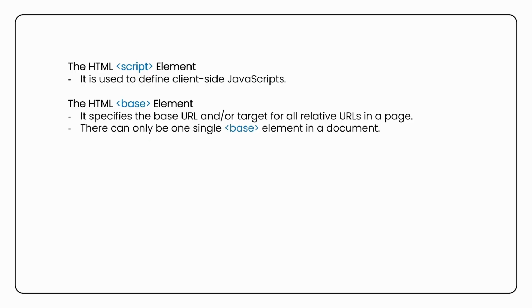Then we talked about the meta element, which is typically used to specify the character set, page description, keywords, author of the document, and viewport settings. Then the script element, which is used to define client-side JavaScript. And lastly, the base element, which specifies the base URL or target for all relative URLs in a web page.